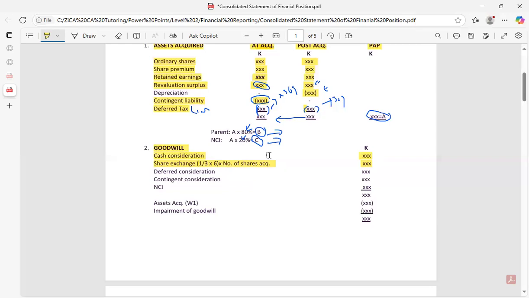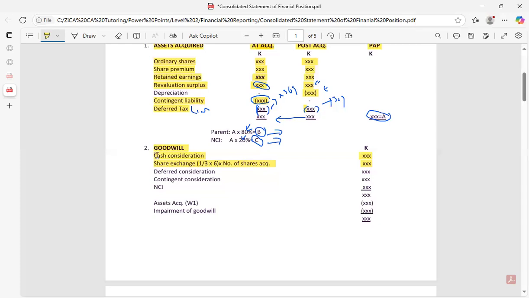What you need to understand is that you'll be given a ratio. Let's say maybe 2 shares are going to be exchanged for every 3 existing shares. Then you say 2 divided by 3, multiplied by the share price for the parent, and then you multiply by the number of shares that have been acquired. That's going to be the share exchange. That's the consideration that's paid in the form of share exchange.